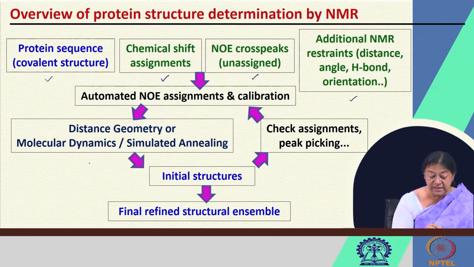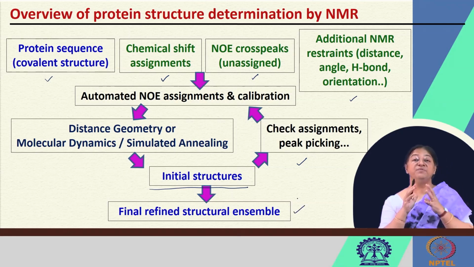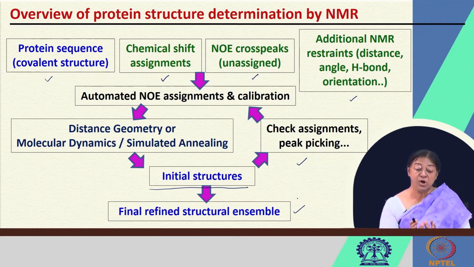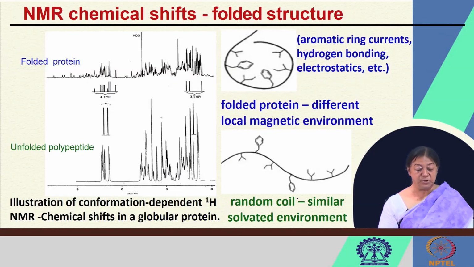Then there are assignments, there's distance geometry, there is peak picking, and a lot that gets into the initial structures, and finally we have a refined structural ensemble. And because we are looking at a solution, we see different motions that are possible in NMR, but for X-rays we look at a snapshot in time, but the B factor, which I did not explain, tells you some variations that are possible.